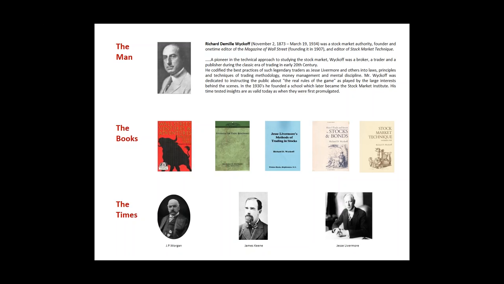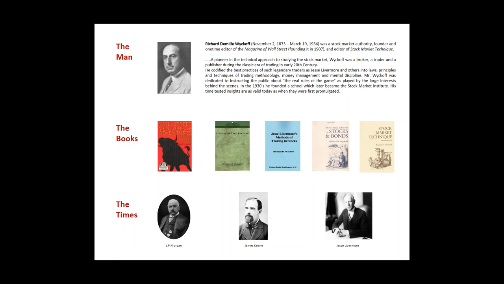So he decided that he wanted to understand what the real rules of the game were. He went on a quest to understand how the Jesse Livermores and the James Keens and others of that era had become so successful, and how so many others in large numbers had done poorly.